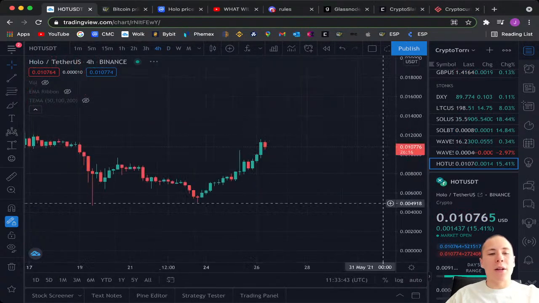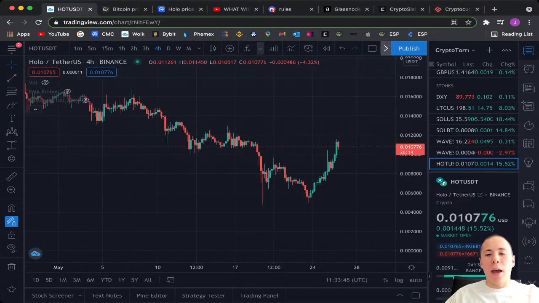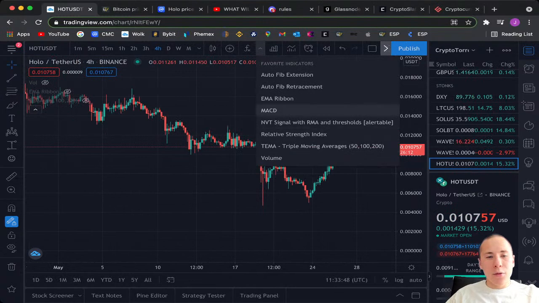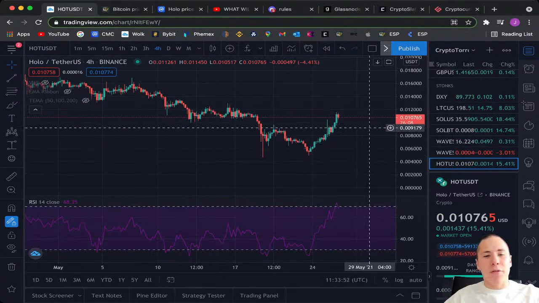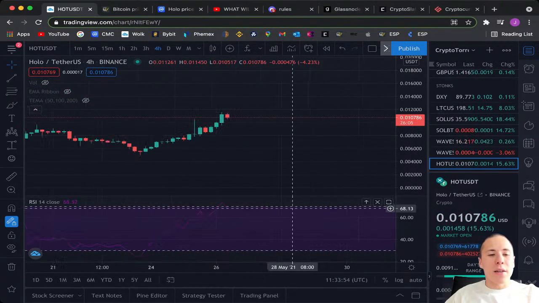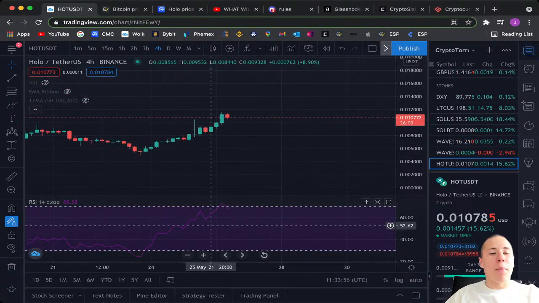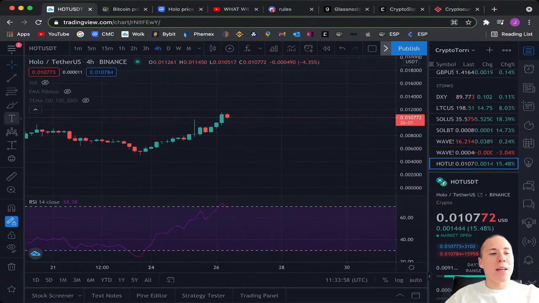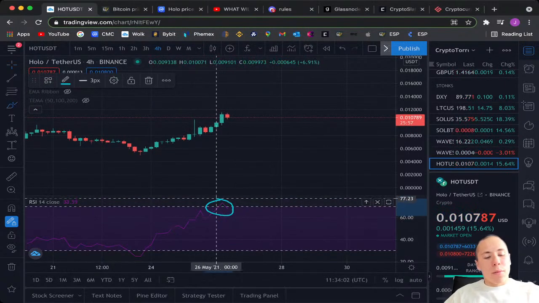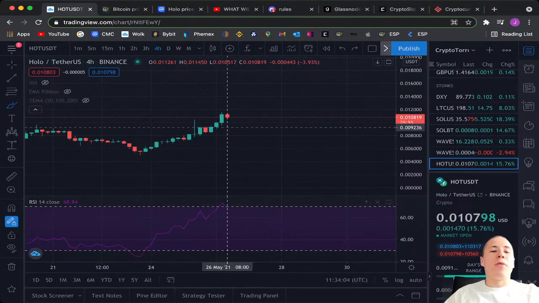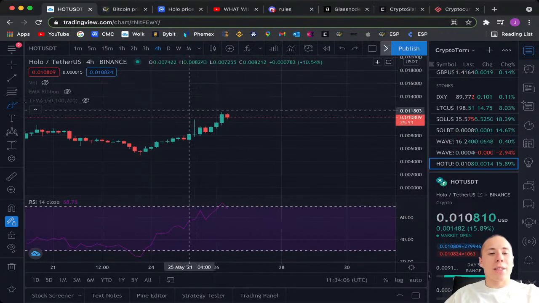So let's take a look at the 4-hourly time frame for Holo, and also enable the RSI. What we are seeing on the RSI is something very important to take a look at, because the RSI went above the dotted white line, and once the RSI does so, it is very possible that we will see a reversal on the price action of Holo.